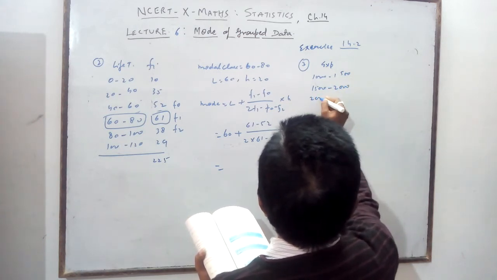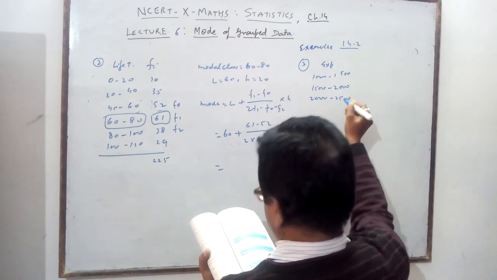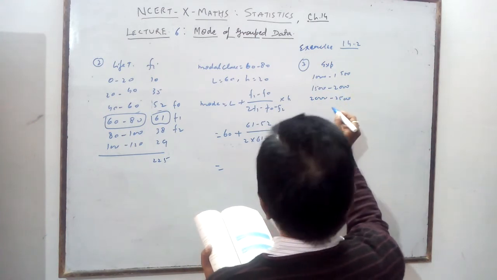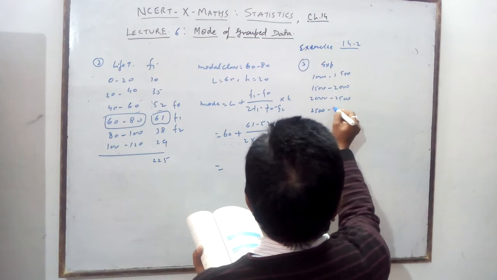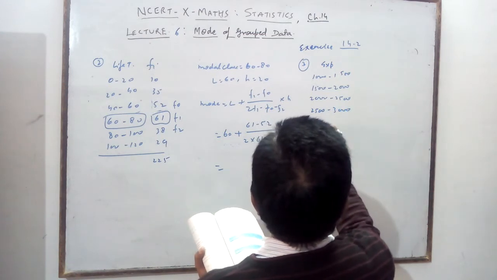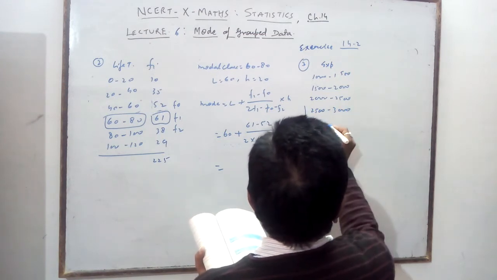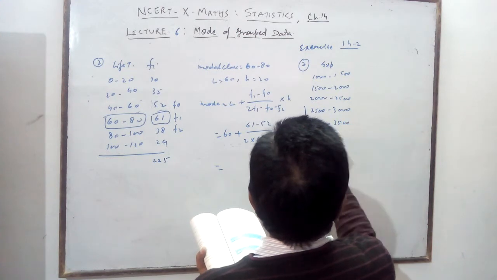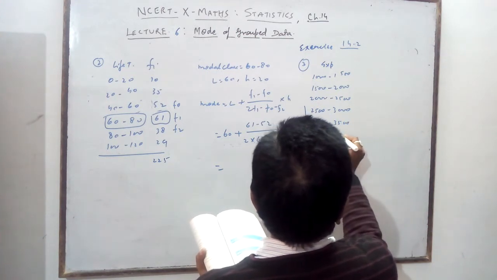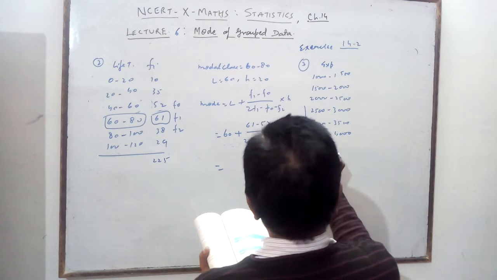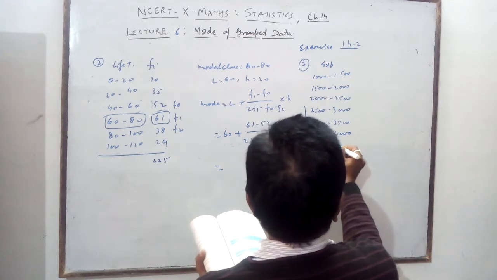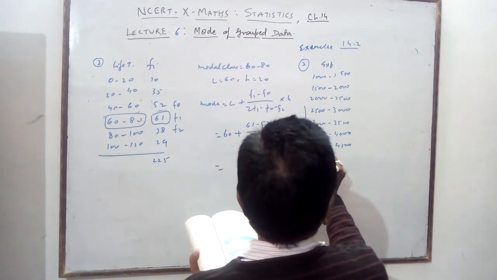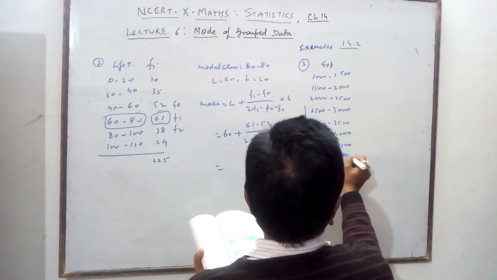2000, 2000 to 2500, 2500 to 3000, 3000 to 3500, 3500 to 4000, 4000 to 4500 and 4500 to 5000.